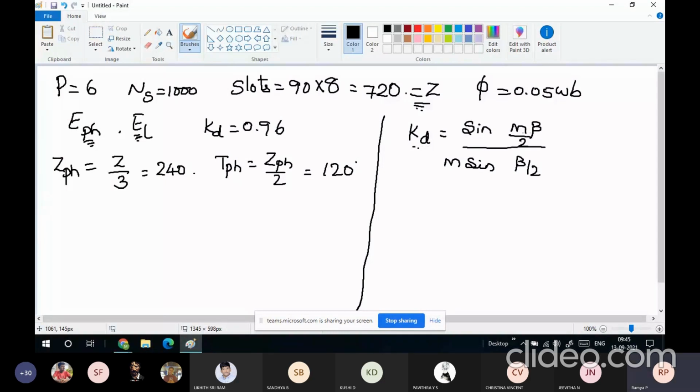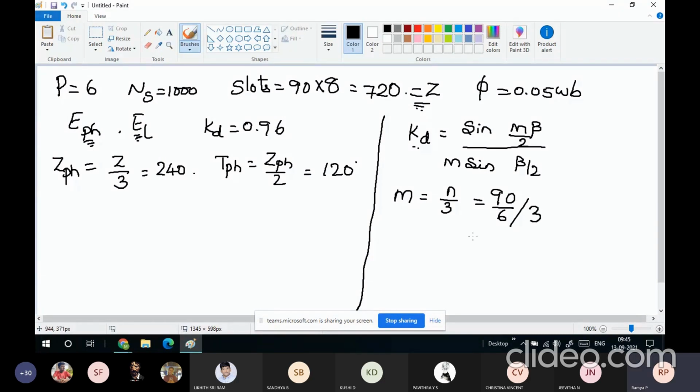As you all know, m is nothing but the slots per pole per phase. How many slots per pole per phase? You have the number of slots as 90, and you have 6 poles, and per phase it will be 90 divided by 6 divided by 3.